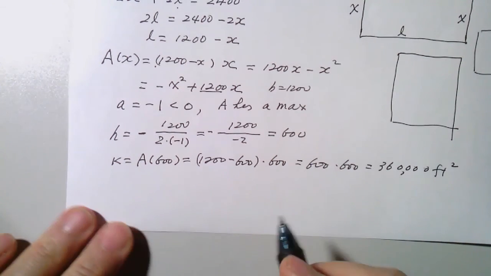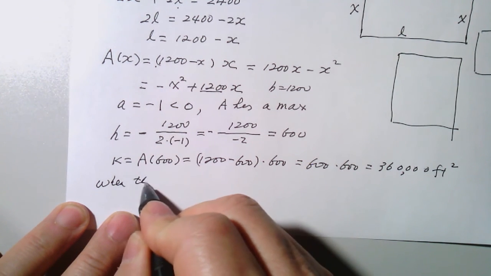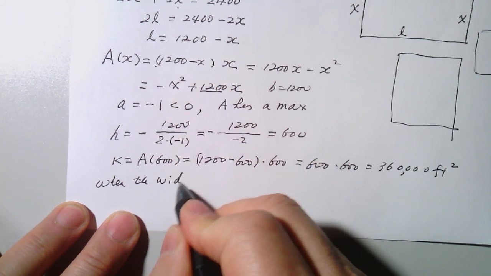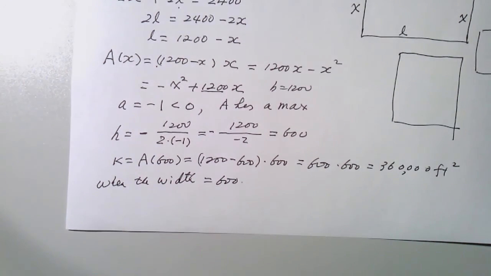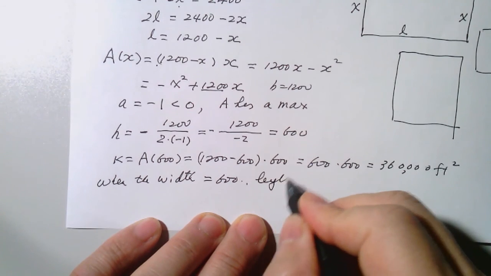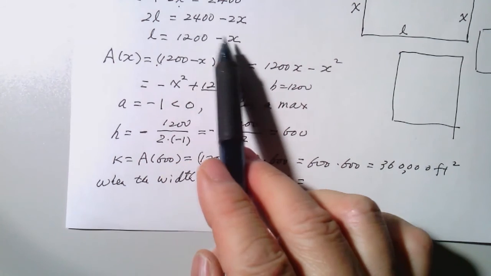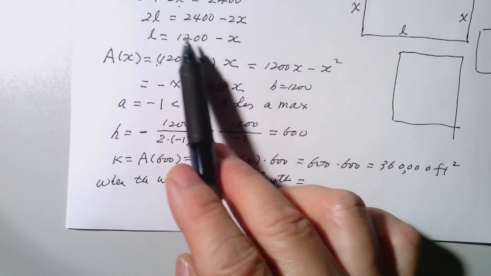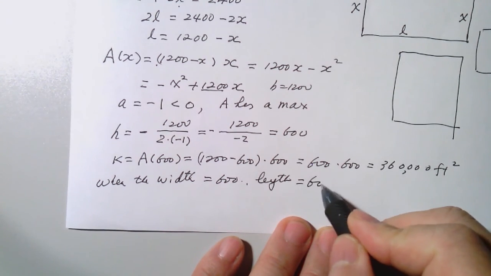So here we're going to say, when the width equals 600, the length, because length equals 1200 minus the width, 1200 minus 600, is the same thing, 600.